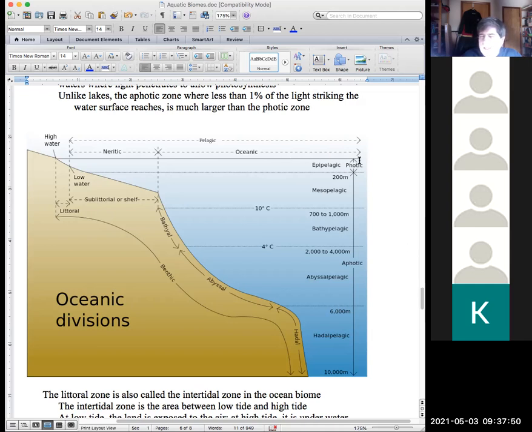So if we look at the surface water up in this epipelagic or photic zone, this is where the concentration of oxygen is highest. For oxygen to get down to these lower levels, it has to gradually diffuse down to those levels. So diffusion is slow, so the concentration of oxygen is higher up in this upper zone. It's also high for another reason.